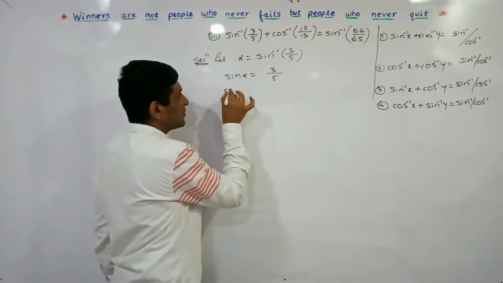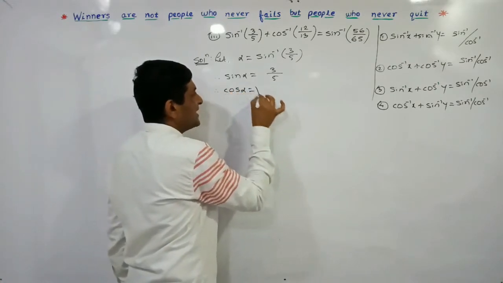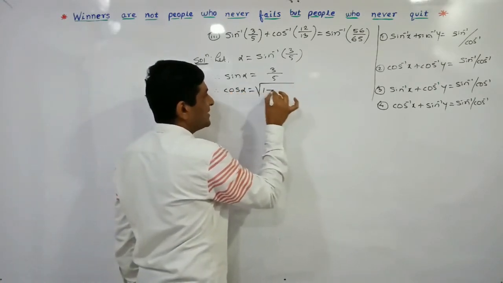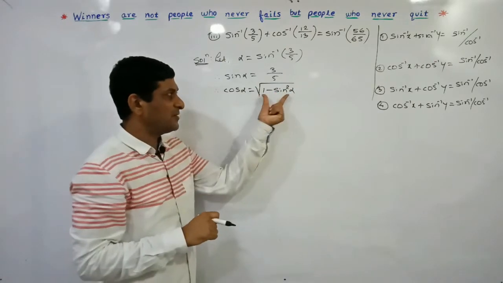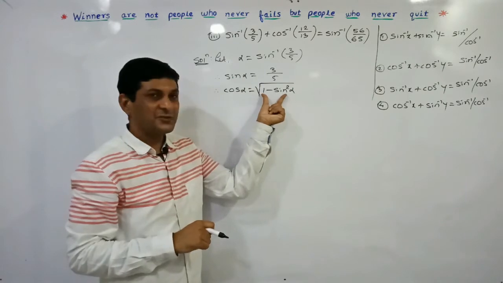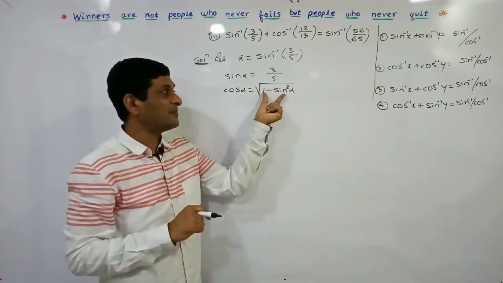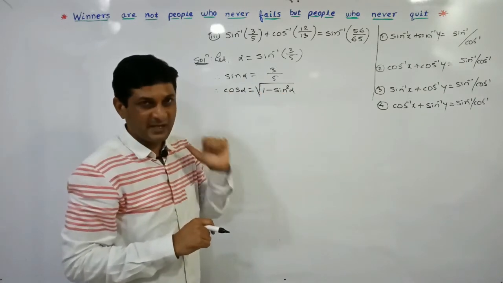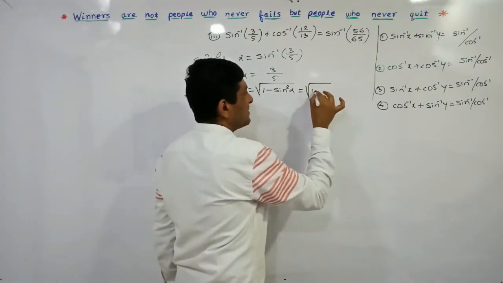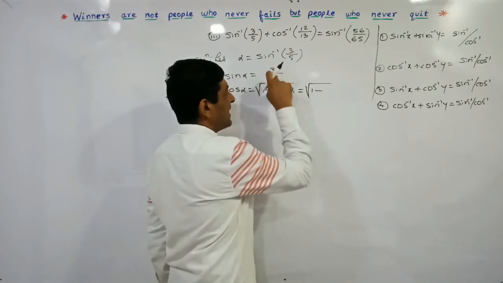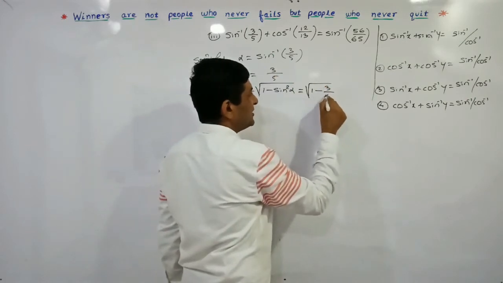Therefore, can I write cos alpha as under root 1 minus sine square alpha? Because after simplifying it, we will get cos alpha. 1 minus sine square alpha is cos square alpha. Cos square alpha outside the root will become cos alpha. So cos alpha is equal to under root 1 minus, replace sine alpha by its value, 3/5.